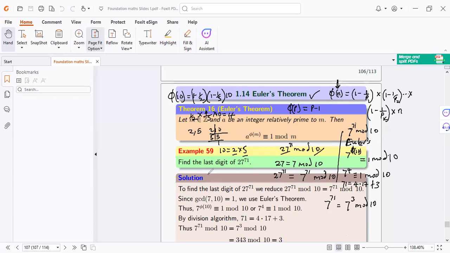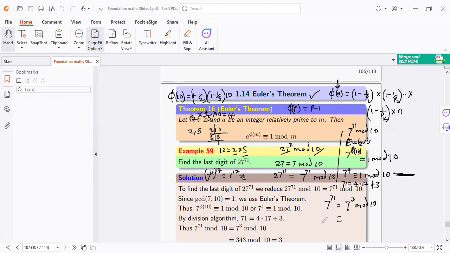What I mean is this: 7 raised to 4, then raised to 17, will give us 1, because 7 raised to 4 we know is 1. So this is just the same as 1 raised to 17, which is 1. That is why I leave it out. I only concentrate on the remainder. So 7 raised to 71 is the same as 7 raised to 3 mod 10.